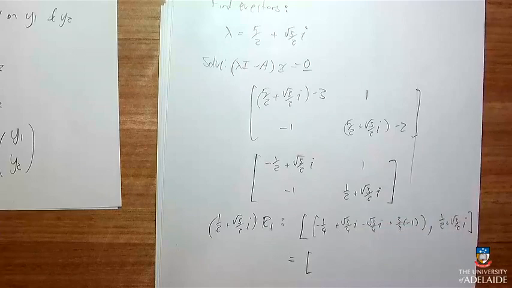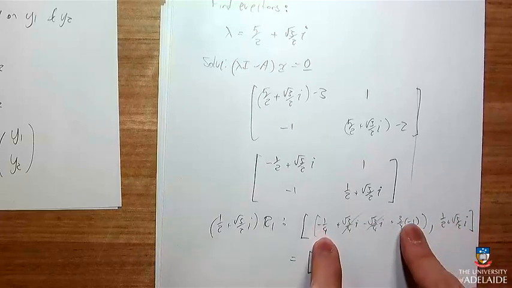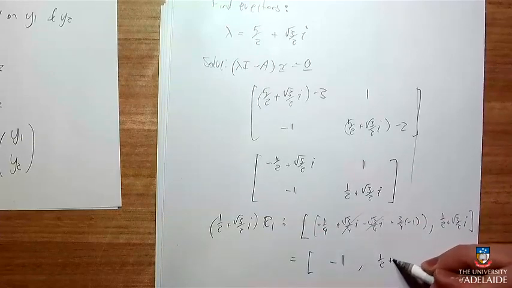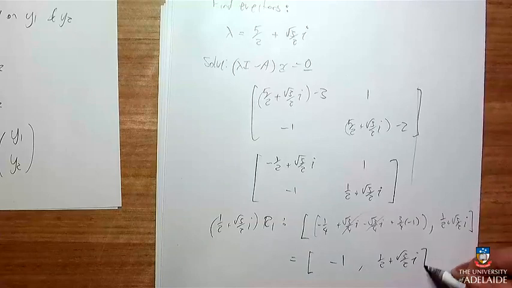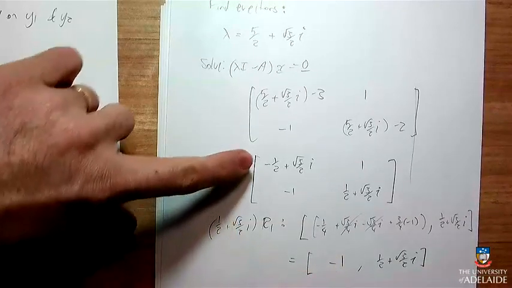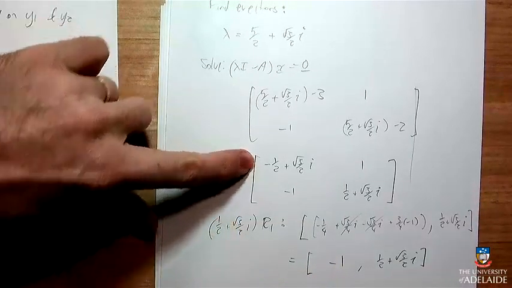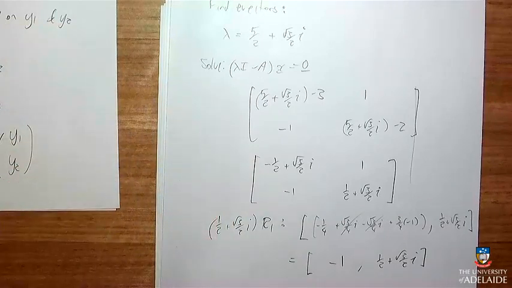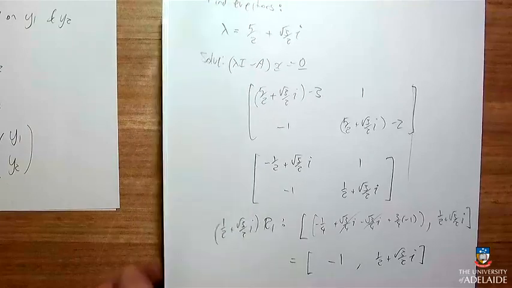Oh, look at that! These cancel. Minus a quarter minus 3/4 is minus 1. So when I multiply the top row by this number, I get the bottom row. And so the bottom row is a multiple of the first one, and so I can cancel it out by doing the correct row operation.